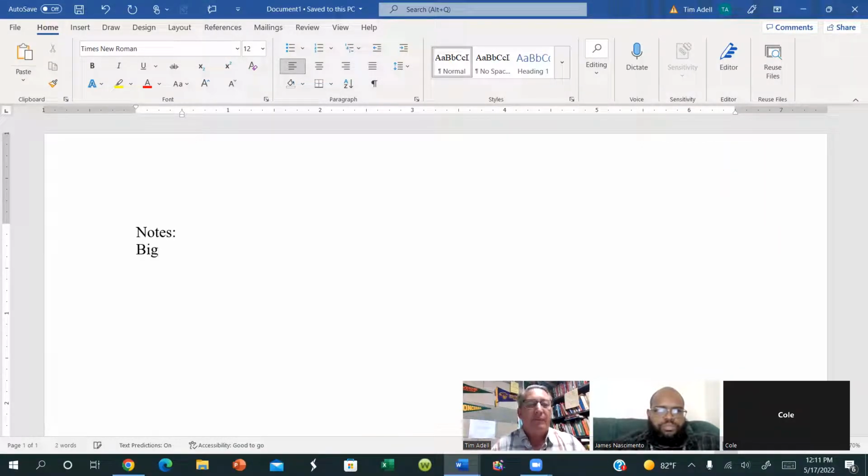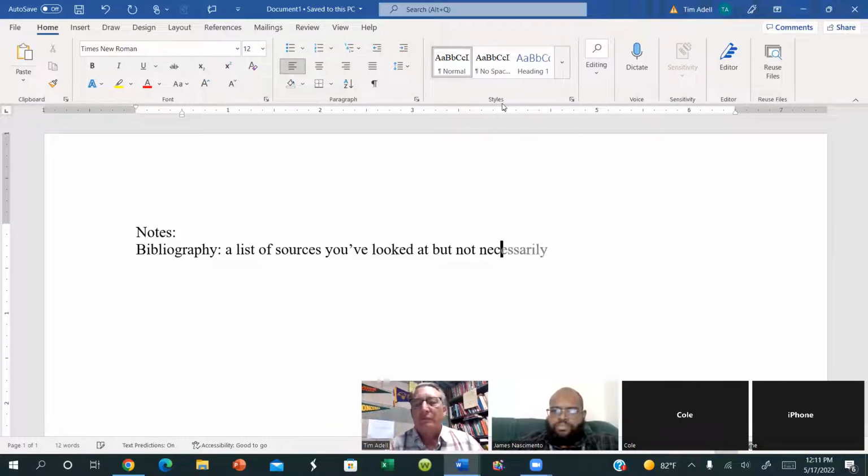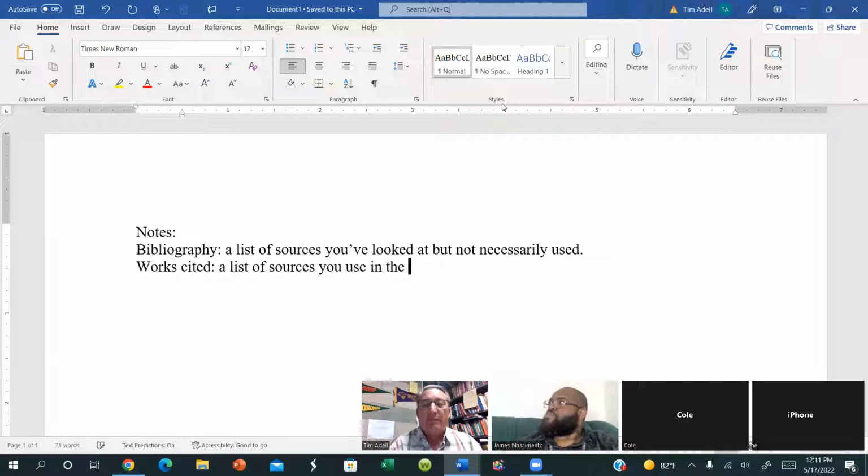So bibliography: a list of sources you've looked at, but not necessarily used. Okay, so the works cited list: a list of sources you've used in the paper.